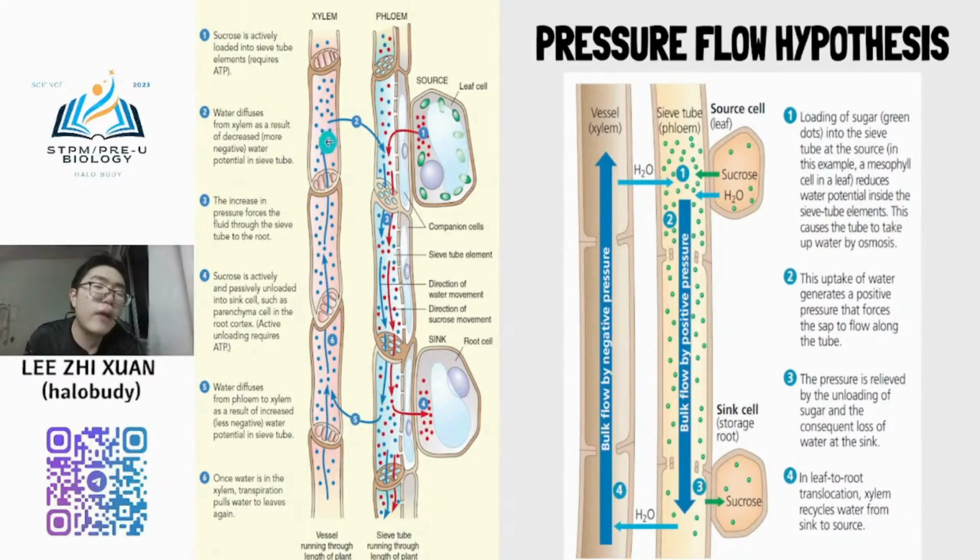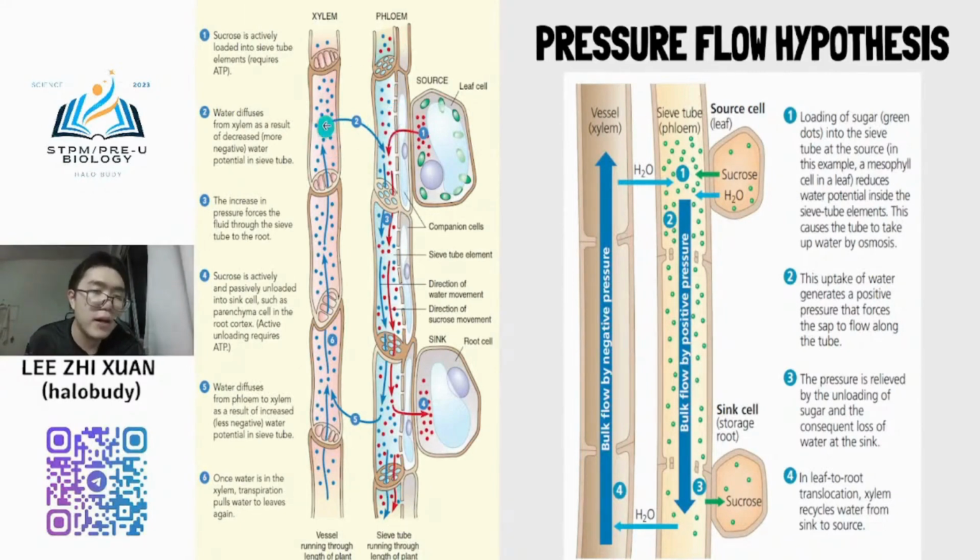We know that the water in the xylem vessel is high compared to phloem, right? This is something everyone knows logically, because the xylem vessel only contains water, so automatically the xylem vessel will have high water potential compared to phloem.